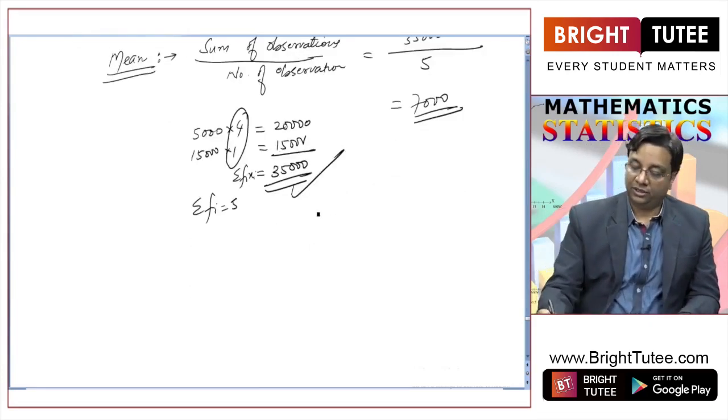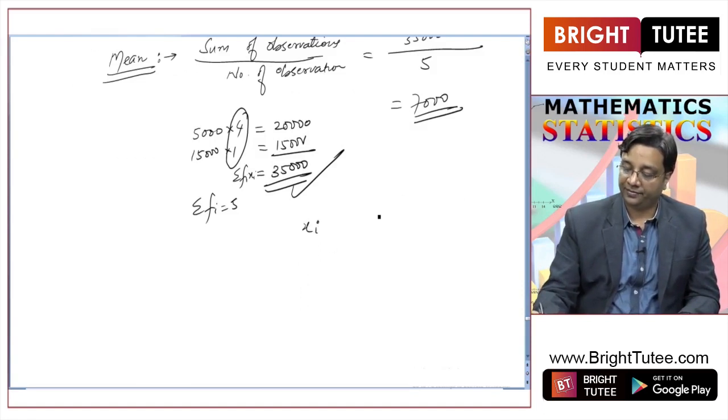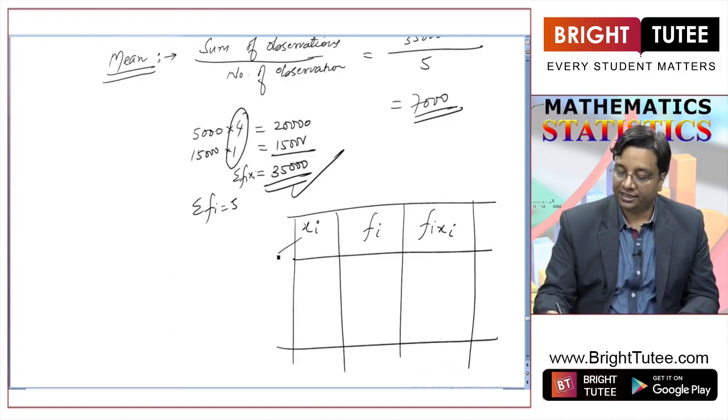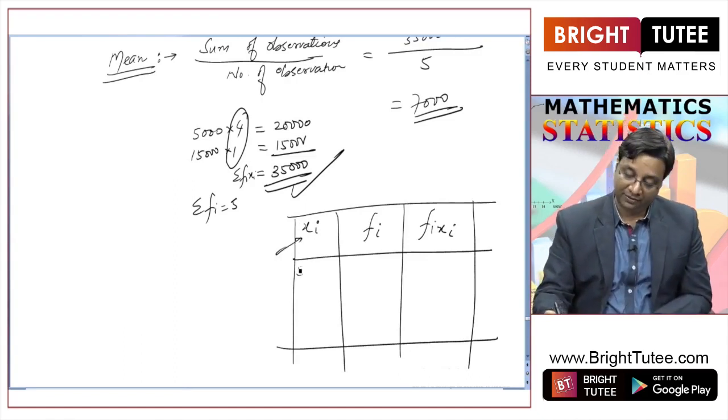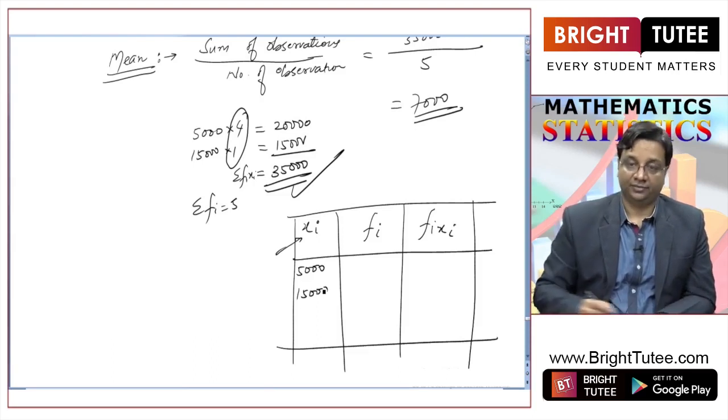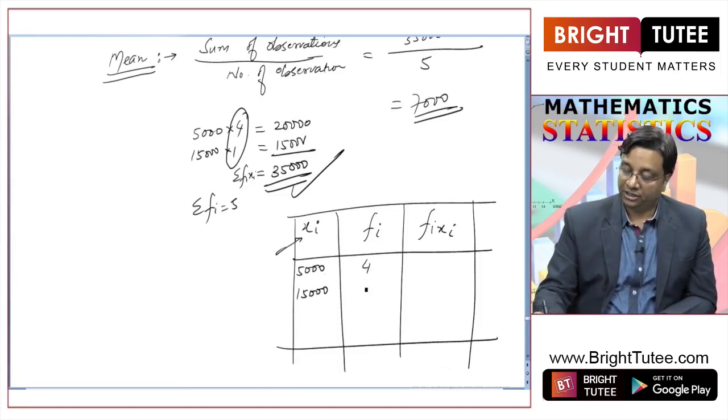Or you can write it in a neat table: xi, fi, fi xi. What is xi? Xi is the data points. 5,000 salary is one of the data, 15,000 salary is another. 5,000 salary is of 4 people, so the frequency of 5,000 is 4. 15,000 is of 1 person. So their product is 20,000 and 15,000.